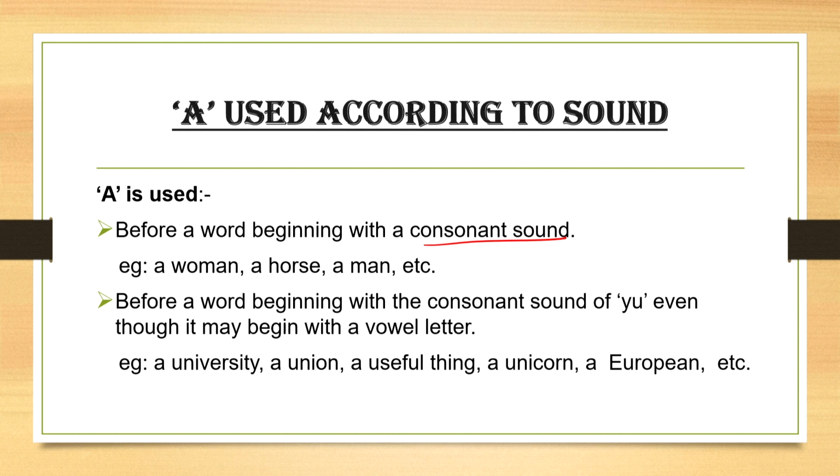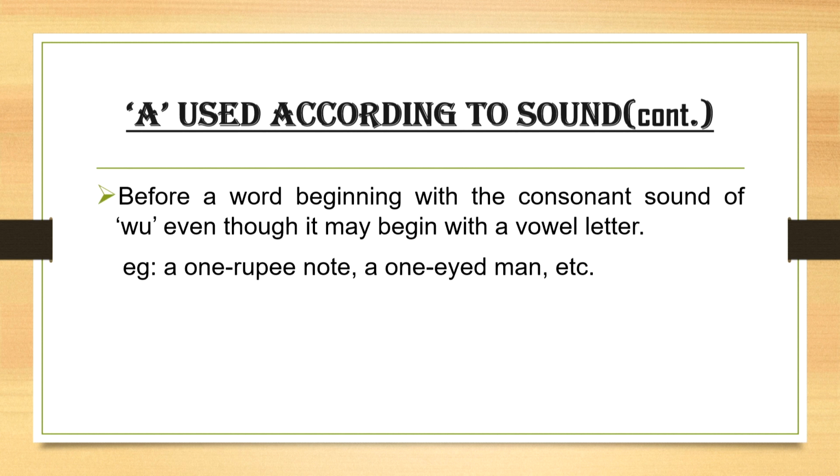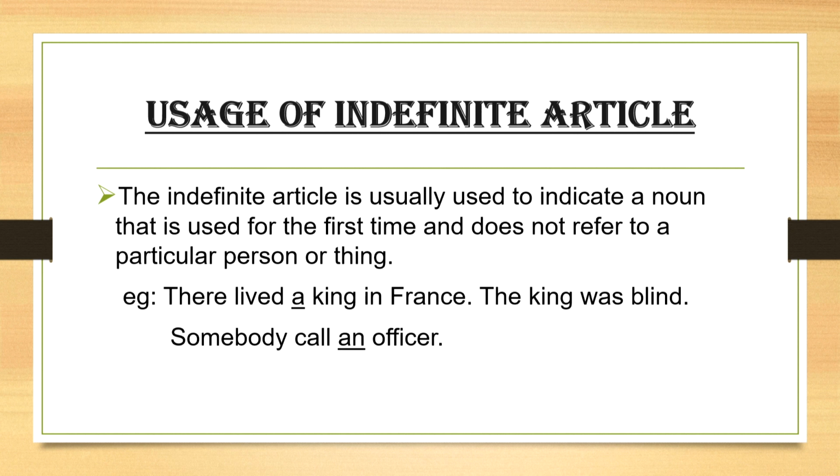For example, a university, a union, a useful thing, a unicorn, a European, etc. Now, a is also used before a word beginning with the consonant sound of W, even though it may begin with a vowel letter. For example, a one rupee note, a one-eyed man and so on.